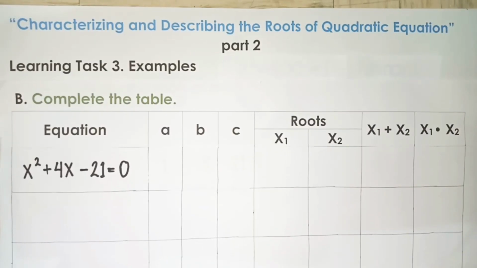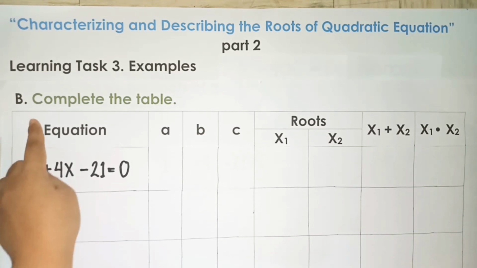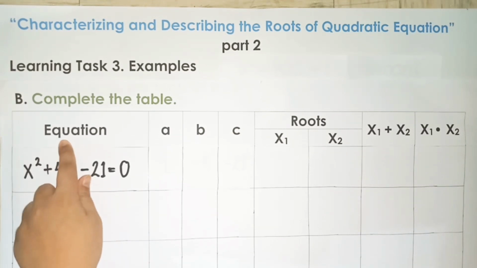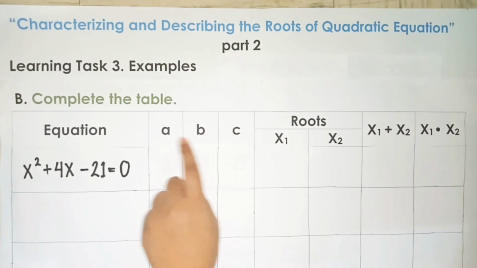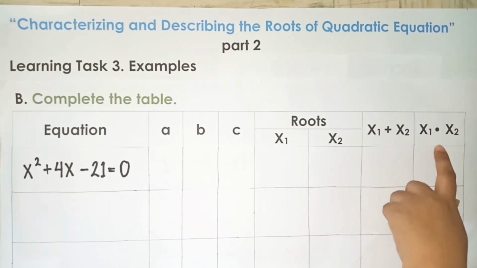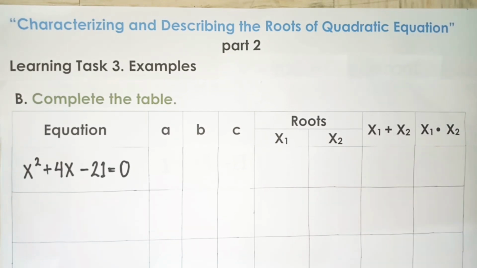Now let's proceed to learning task 3, letter B, completing the table. In your module, you will find a table having equations, and you need to find the values of A, B, and C, as well as the roots of this equation, and then the sum and the product of the roots. So we have the example here, x squared plus 4x minus 21 equals 0.